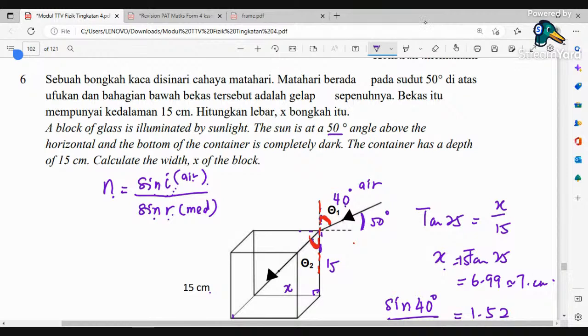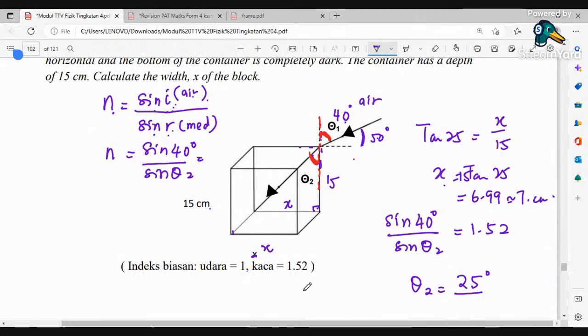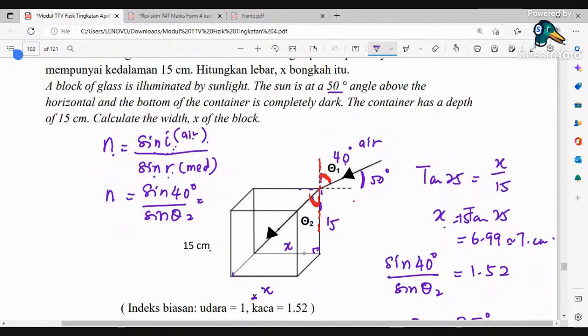Okay, jadi kita dapat macam ni. N equals to sin 40 by sin theta 2. And refractive index already given. 1.52 dia dah bagi.